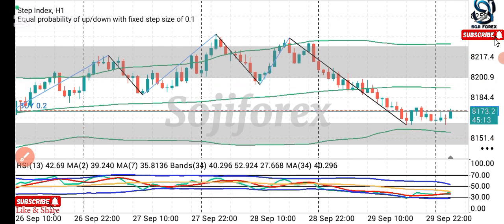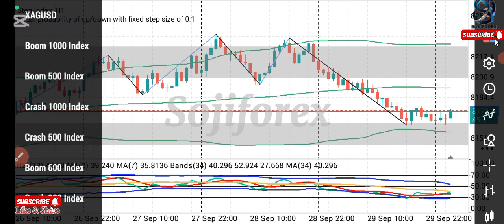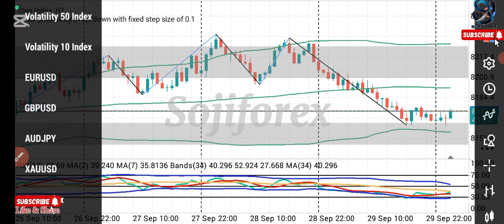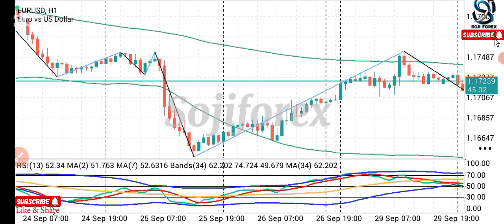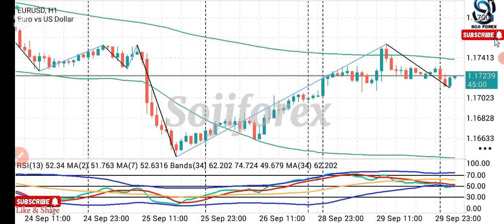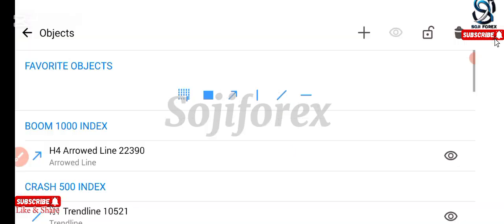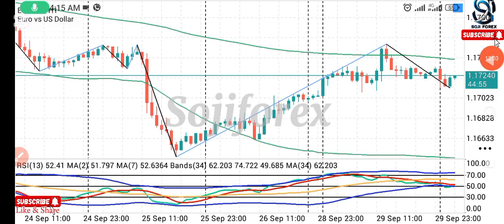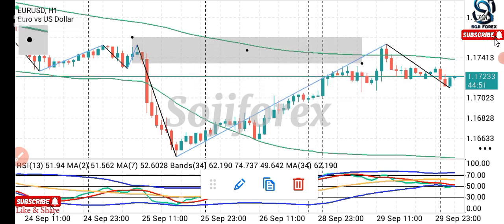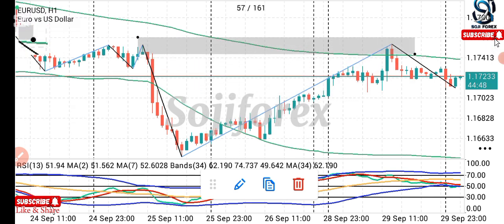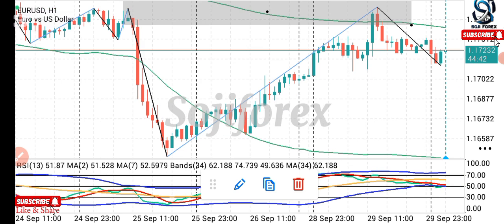This indicator automatically helps you to mark out those zones, and you can now take advantage of each of these zones and see how it will improve your trading effectively. Here is another one. Look at this point. This is another point of reaction. You can see that it is as simple as that.